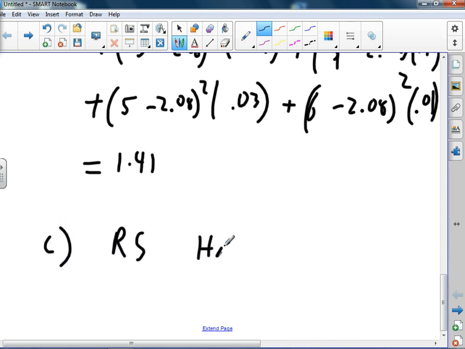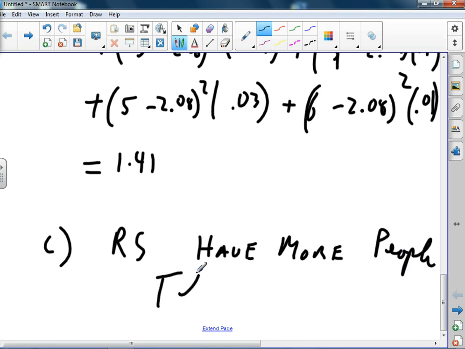Rent-stabilized have more people than rent-controlled. Rent-stabilized means they were built newer, so they're going to have more people in them. You want to live in a new house or an old house in New York City? Well, you don't want to live in New York City at all, that's beside the point, but you probably want to live in a new one.